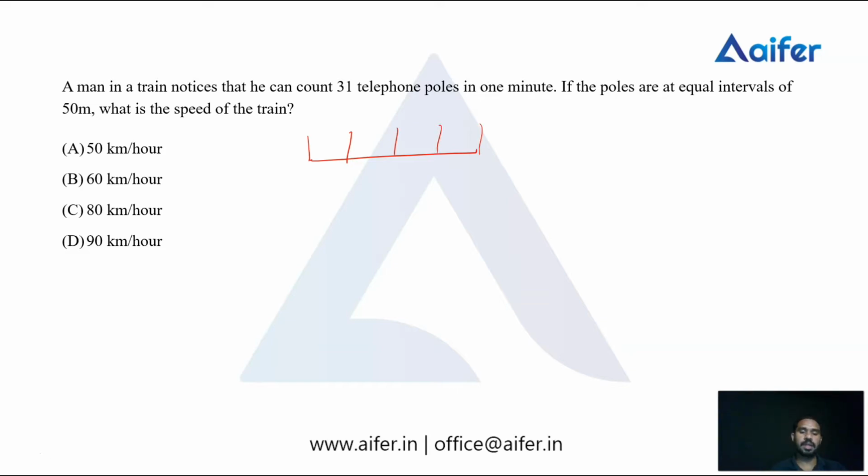If there are 5 poles, then the gaps between the poles are 4. So here 31 poles are noticed, so there are 30 gaps available.